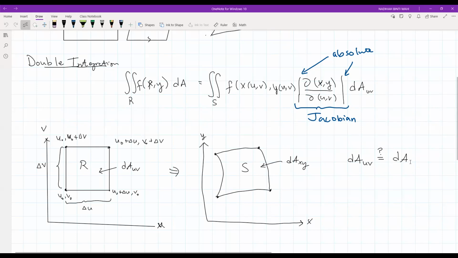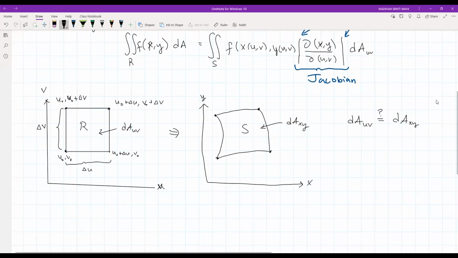If it's part 2 by 1, it might be. If not, then is it equal to dA of XY? Because I want to find its vector.